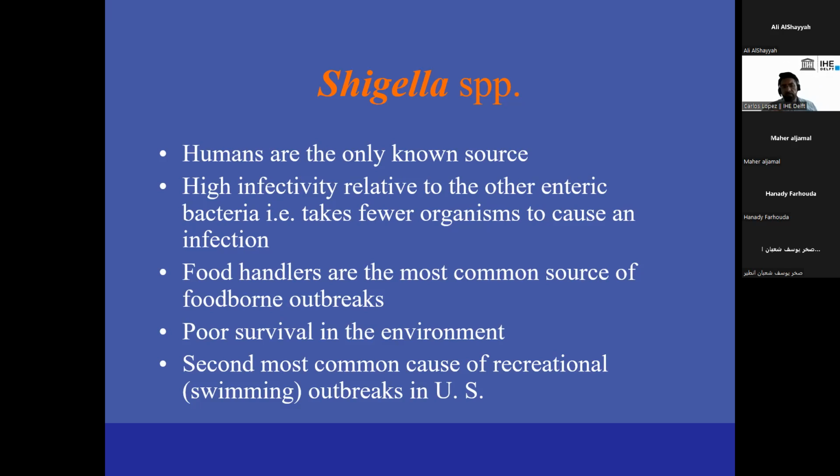They are not that common in the environment, so they survive with difficulty in normal environments, but they are the second most important cause of diseases in, for example, swimming pools and recreational areas in the United States.